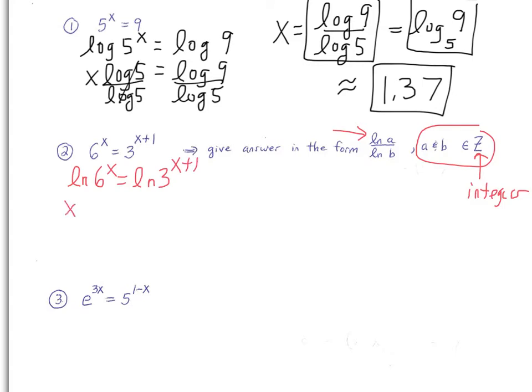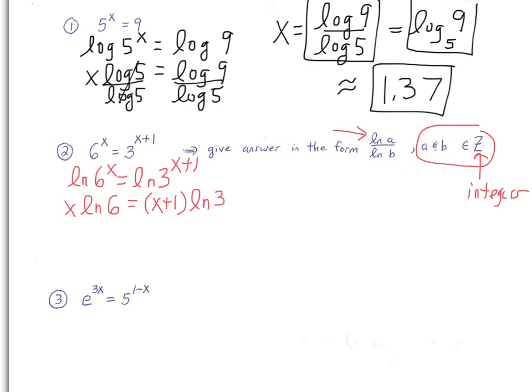Like we saw in the previous example, the power is going to come down. So x ln of 6 equals, now I'm going to put this x plus 1 in parentheses in front of my ln of 3 to keep it all together.